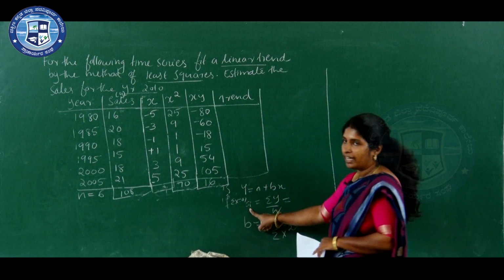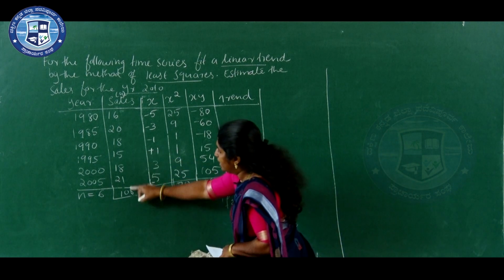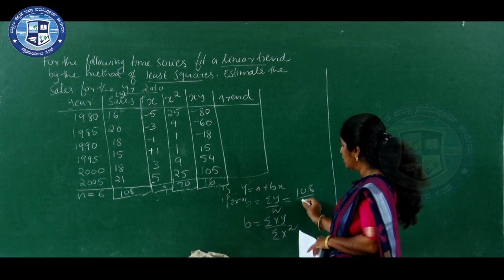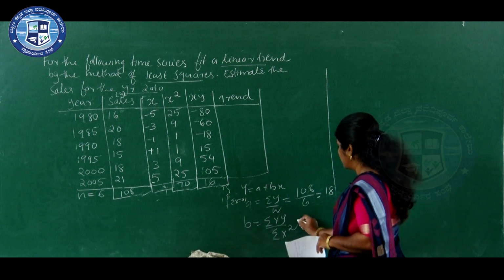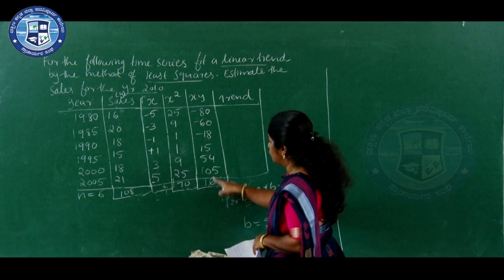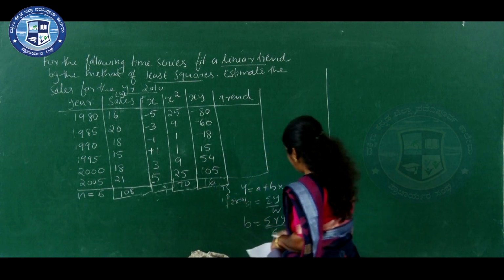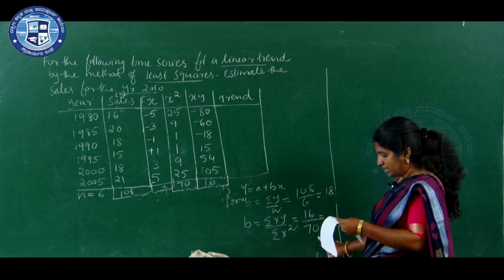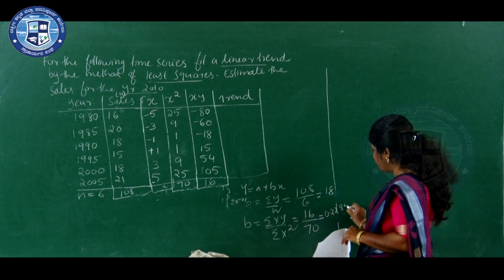So a is equal to 108 divided by n, which is 6, so the answer is 18. Next, b is summation xy divided by summation x square, which is 16 by 70, that is 0.2285.